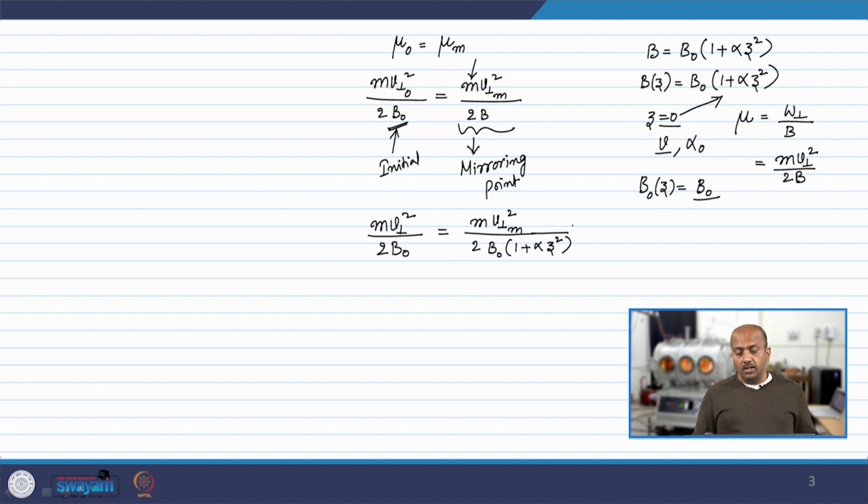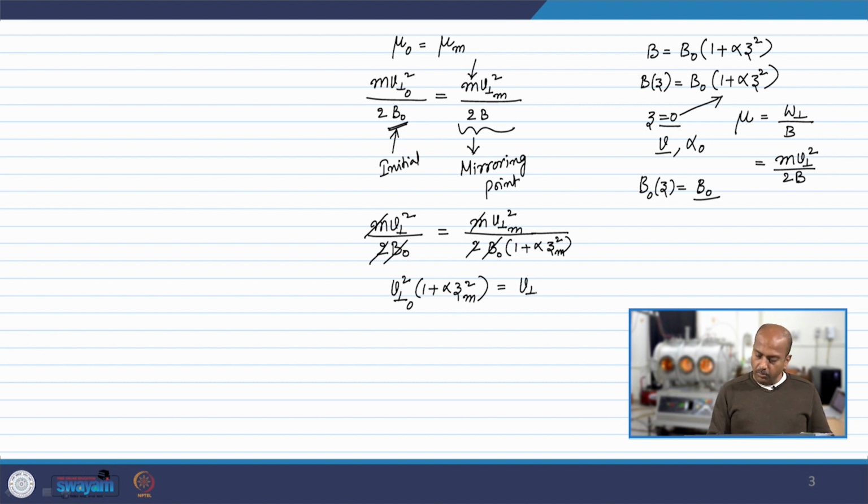Right. Now, let us say at the mirroring point, let us denote the position coordinate of the mirroring point along the z axis as Zm. Right. So, this B naught gets cancelled, mass also gets cancelled. Right. So, we have V perpendicular 0 square times 1 plus alpha Zm square is V perpendicular m square.